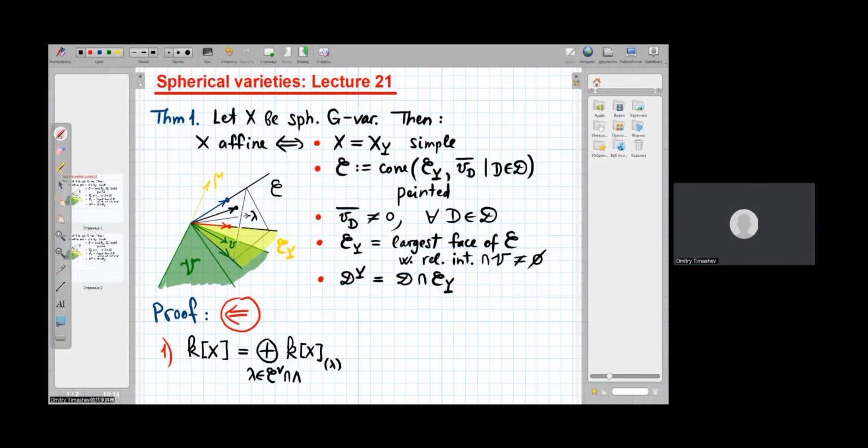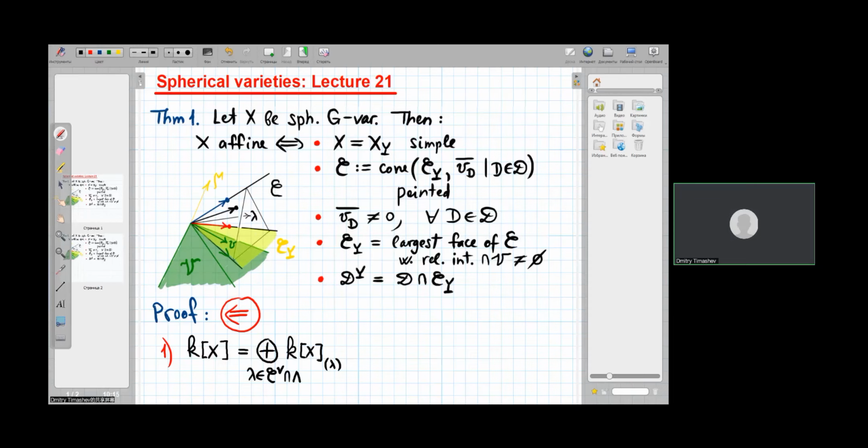This is because the condition for the weight lambda to belong to C check is exactly the condition that the corresponding B semi-invariant function F lambda has no poles along all B stable prime divisors in X, because the cone C is generated by all vectors corresponding to the B stable prime divisors.